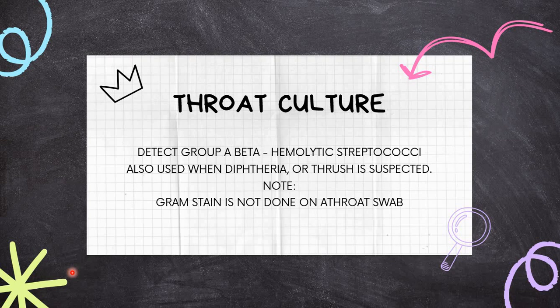If not, it is a non-group A beta-hemolytic streptococci. Notice that gram staining is not done on a throat swab. Why? Because it is impossible to distinguish between the appearance of the normal flora streptococci and Streptococcus pyogenes, the treatable cause of pharyngitis.